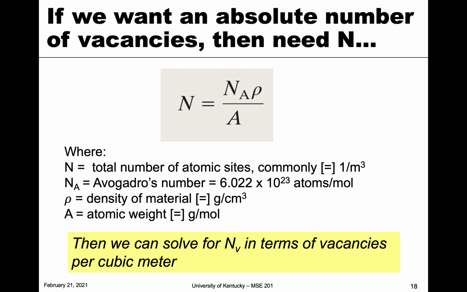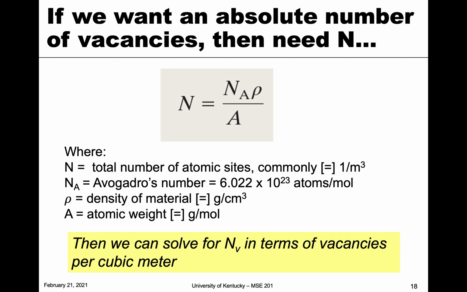So essentially this would give us the absolute value. So the total number of sites, again in units of sites per volume, we can calculate what that is for a particular material if we know its density and atomic weight. So that sometimes has to be calculated.